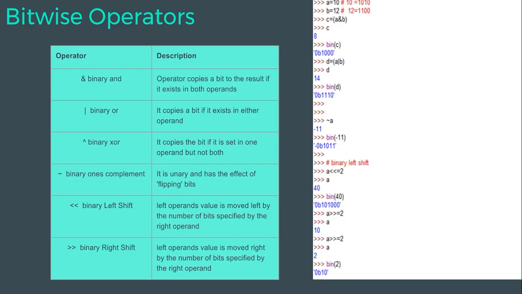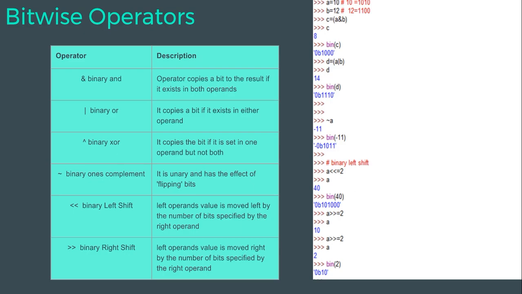Now take the binary OR operation. D is equal to A or B. The answer will be 14. If you want to see that answer in binary form, you have to write bin in brackets D, so you can see that answer in binary form.